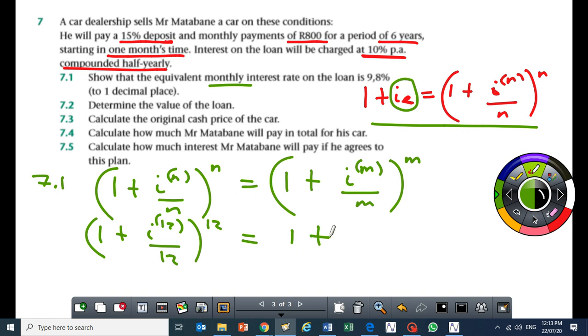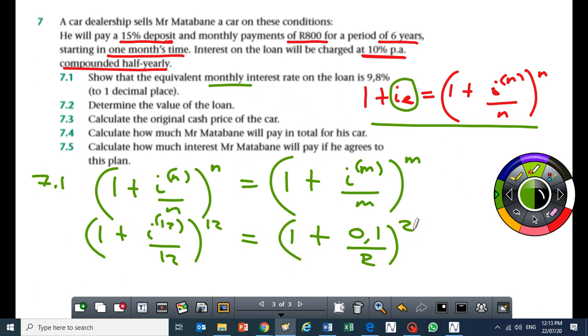The i_2 is given as 10% per annum compounded half yearly. So that's 0.1 over 2. Okay, all raised to the power of 2.